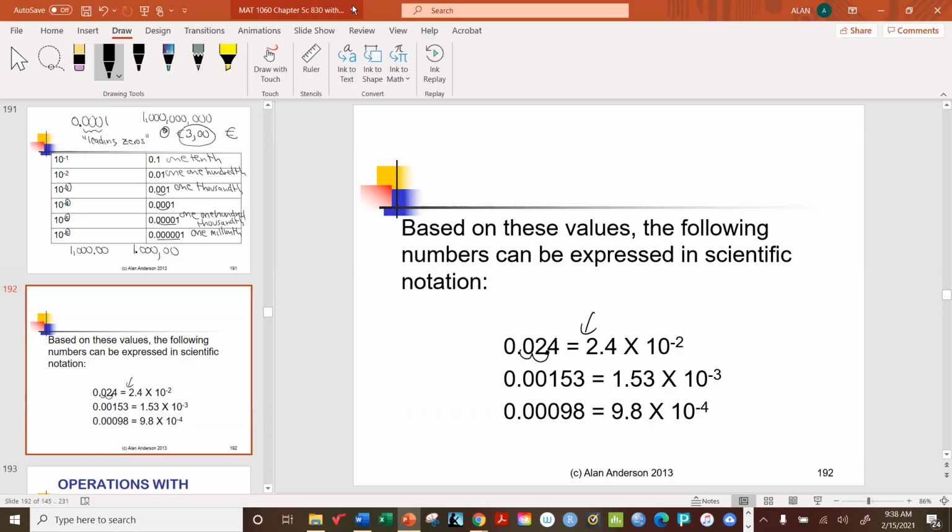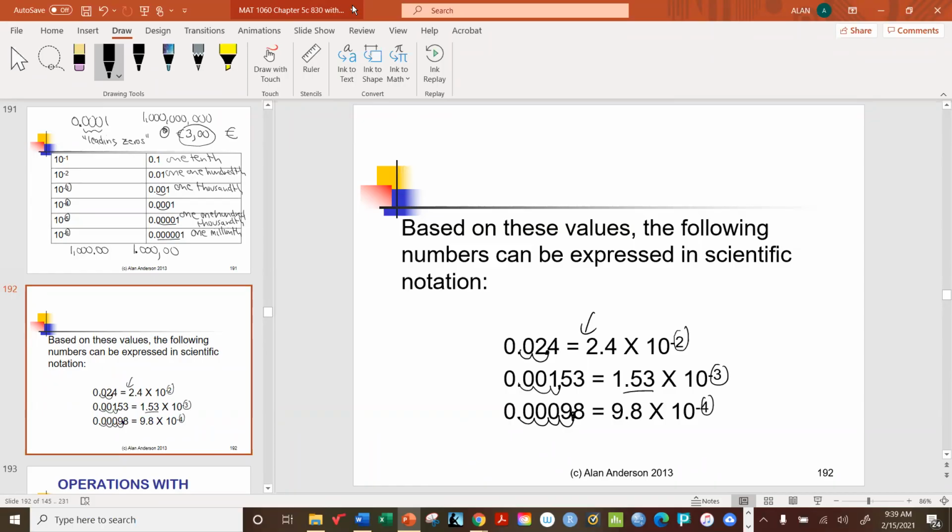And look what happens. In order for me to convert this back to the original number, I need to shift the decimal to the right 2 places. And here I need to go 1, 2, 3 to the right to make this number. And here I have to go 1, 2, 3, 4 places to the right to create this number.